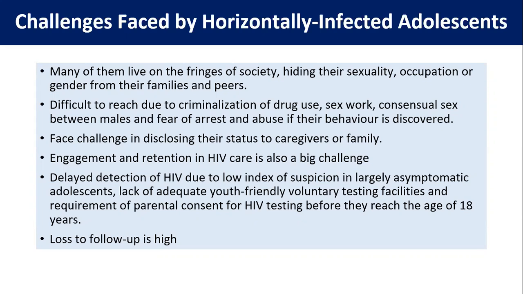Their risk-taking also has to be taken into consideration. There is delayed detection of HIV due to the low index of suspicion, as it is largely asymptomatic in adolescents, a lack of adequate youth-friendly voluntary testing facilities, or the requirement of parental consent for HIV testing before they reach the age of 18 years. Loss to follow-up is usually high in this population.